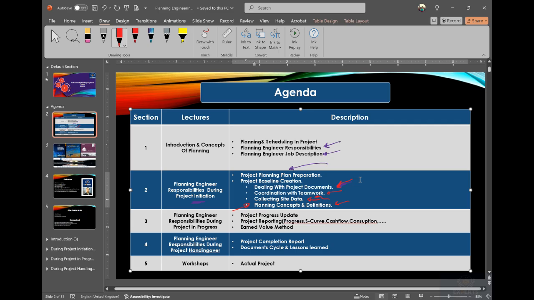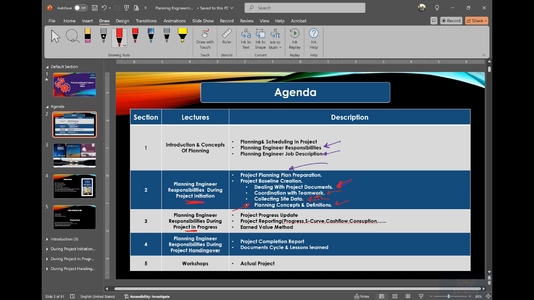In section number three, we'll go to the planning engineer's responsibilities while the project is in progress. Number one was during project initiation; now the project starts working, and we'll understand together the project progress update: how we can deal with the progress, what types of progress there are in the project, how we can evaluate the progress, and how we can understand the relation between the progress and the site.